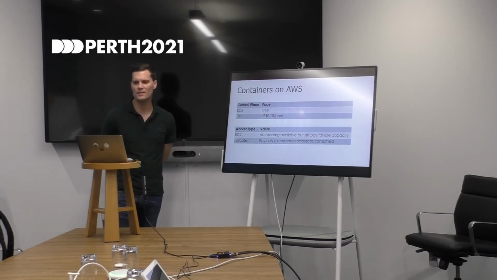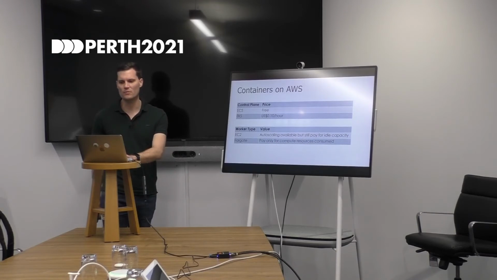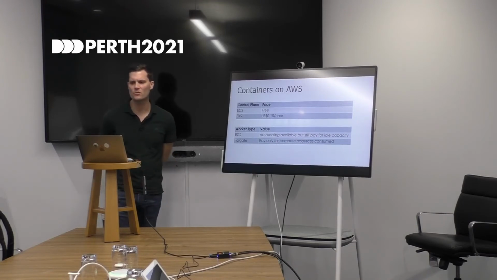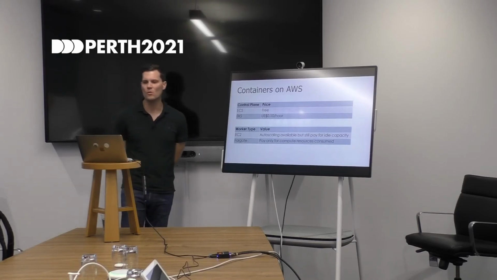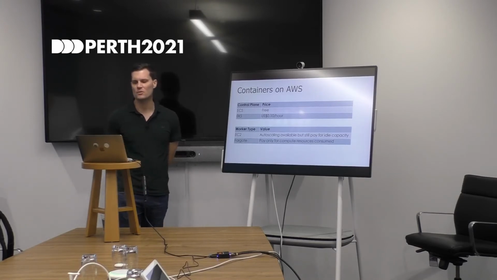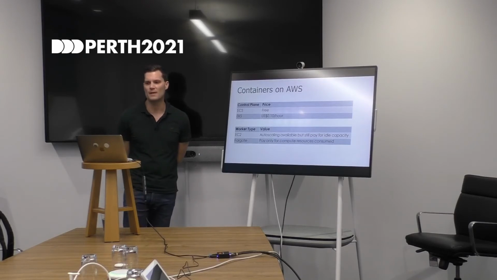Both control planes have access to two options for deploying the workloads. The first is to deploy containers to managed EC2 instances as worker nodes. The second option is to use the serverless compute engine Fargate, where you don't have to worry about the underlying infrastructure and you pay only for the resources consumed, such as vCPU and memory.